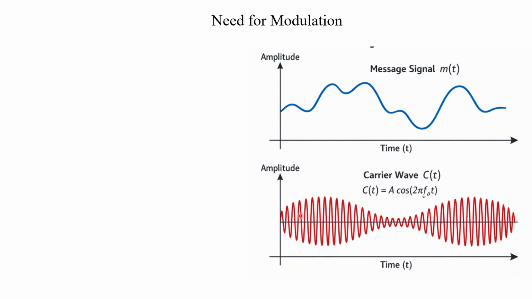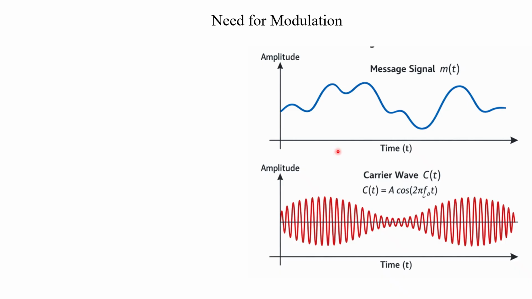Our voice signals have very low frequency, that is why they cannot propagate to a longer distance, but a carrier may have a higher frequency, and with higher frequency, it can definitely propagate to a longer distance.